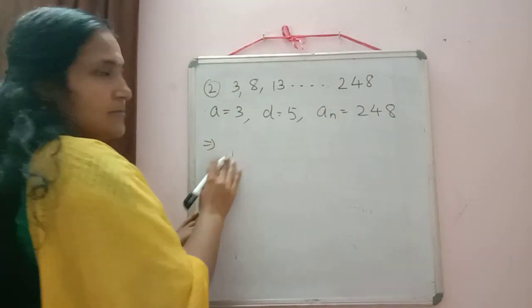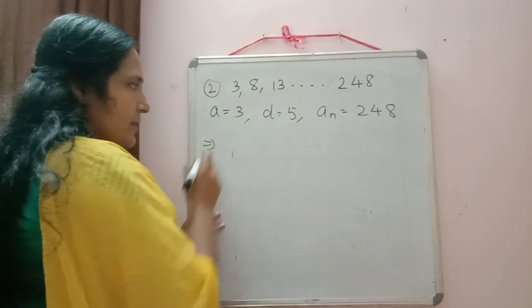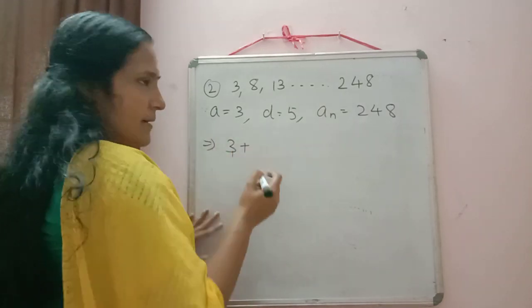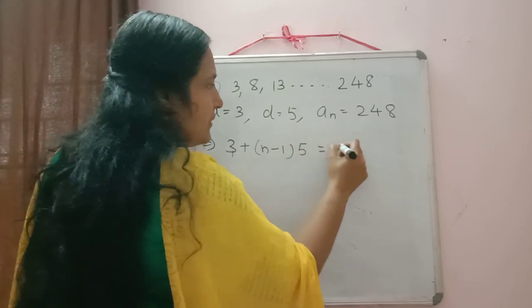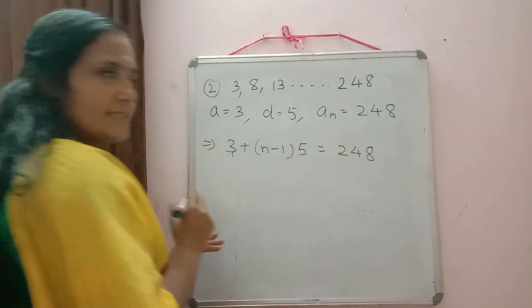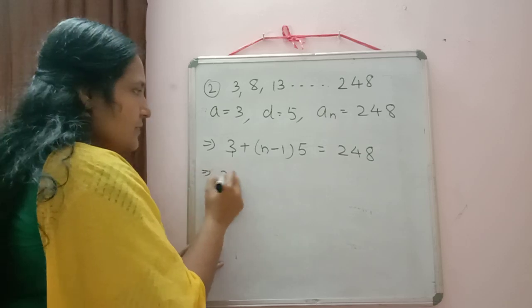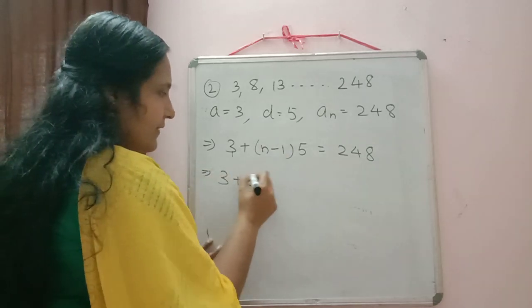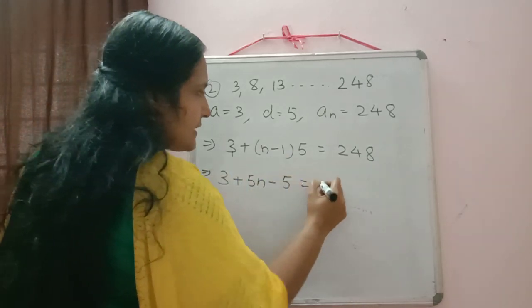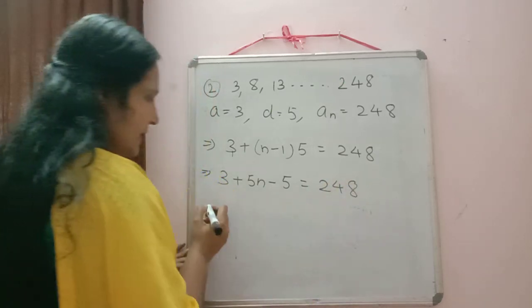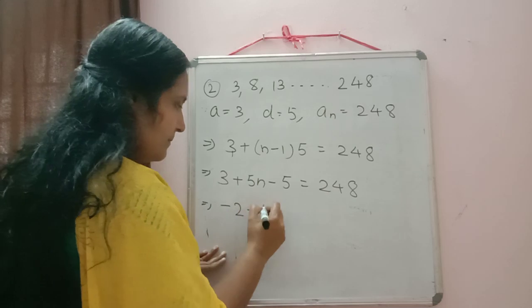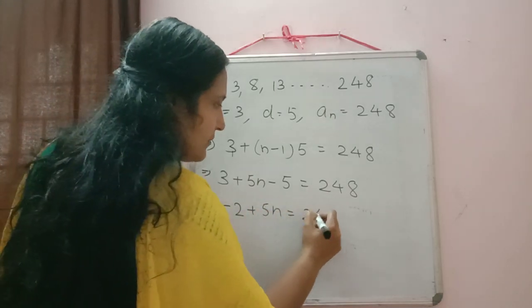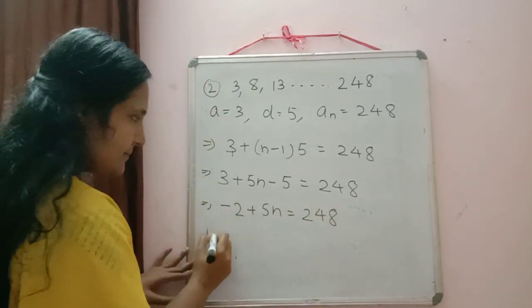Now directly I am substituting the value of an. The formula is a, that is 3, plus (n minus 1) into d, which is 5, is equal to 248, as given. So 3 plus 5n minus 5 is equal to 248. 3 minus 5 will be equal to minus 2, plus 5n is equal to 248.